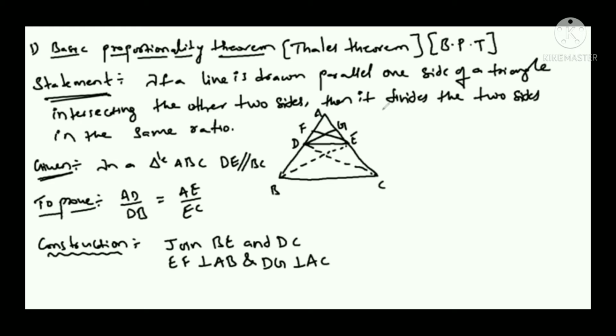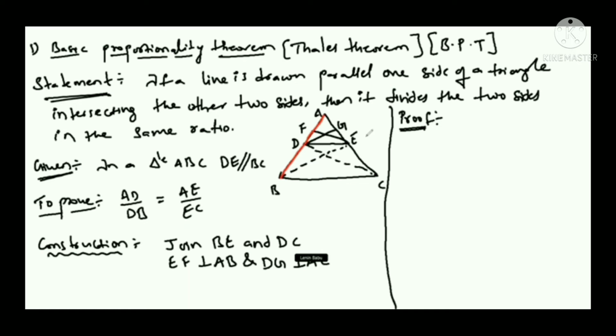Now the proof. Whenever we are doing the proof, you should do it the easy way. First you go with this entire line ADB. First we will take triangle ADE.